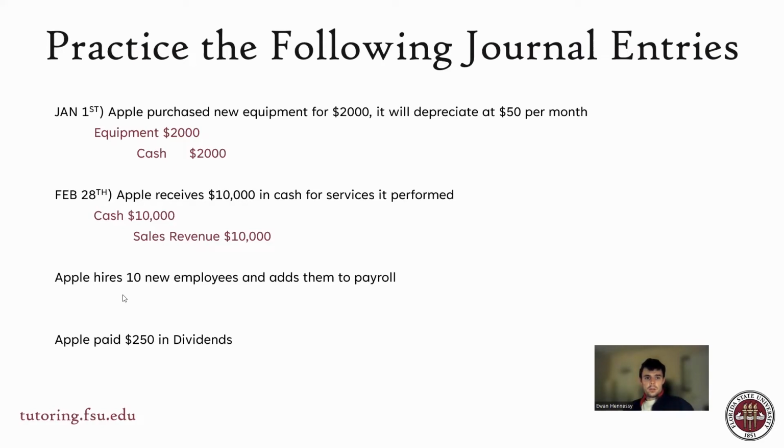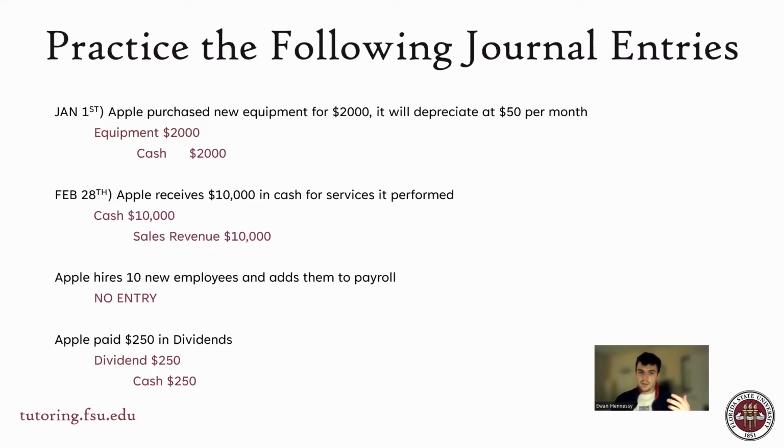Third one, we hire employees, add them to payroll, no entry, right? That's a non-transaction. So what if Apple pays $250 in dividends? Now remember, the normal balance of dividends is a debit. And dividends are paid out of our retained earnings balance, which has a credit normal balance. So if they're being paid out of retained earnings, they're decreasing retained earnings.